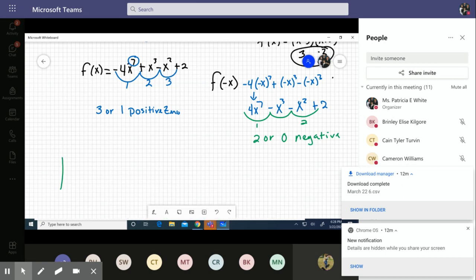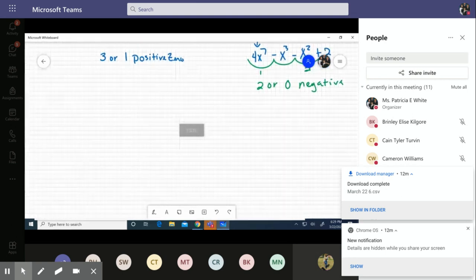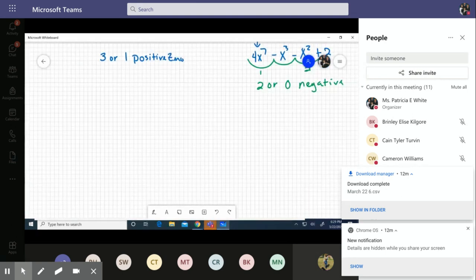Okay. So here's what we've got to do. We've got to find all the potential rational zeros. Our next step in solving this, I'm looking at your example 4, and in 4 we're going to start using all the stuff that we've done tonight.